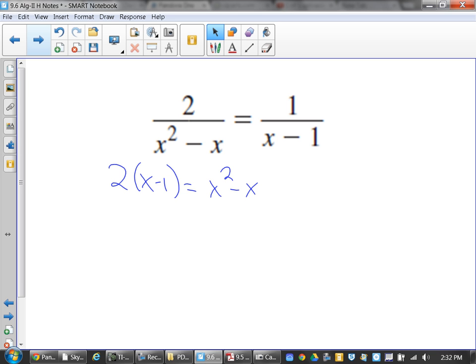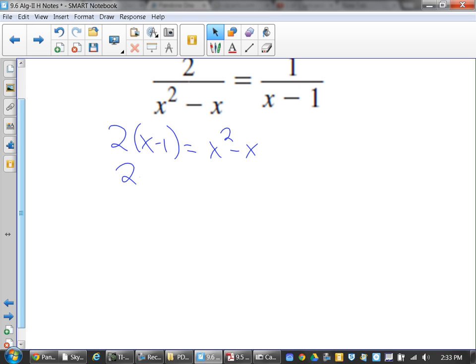We okay with that? I'm just cross multiplying right now. It's not going to be x because you can't subtract this. They don't have the same degrees. So now we wind up with 2x minus 2 equals x squared minus x. Move it over to the right.